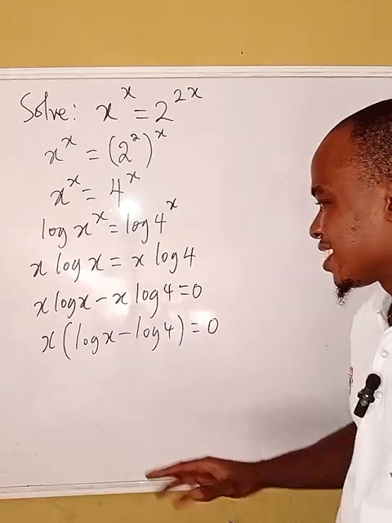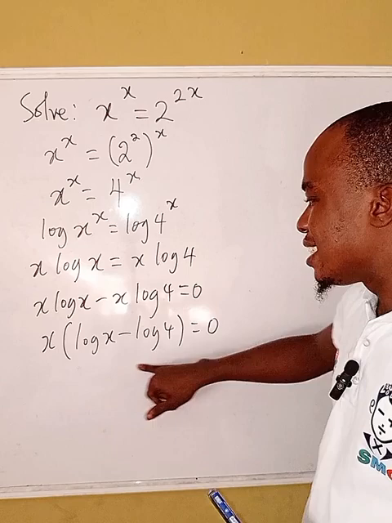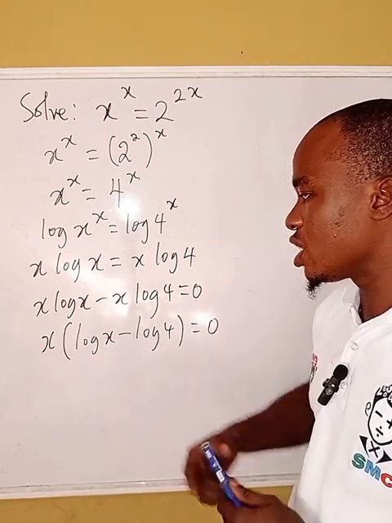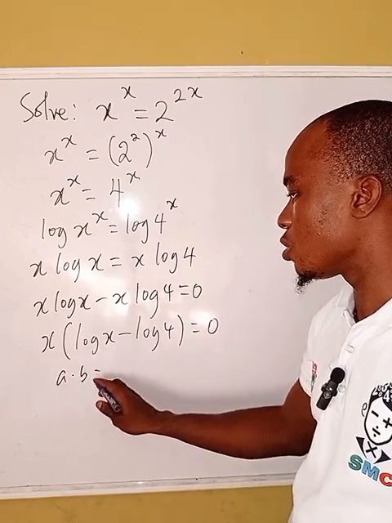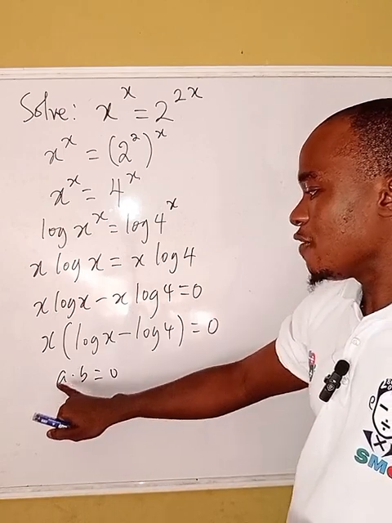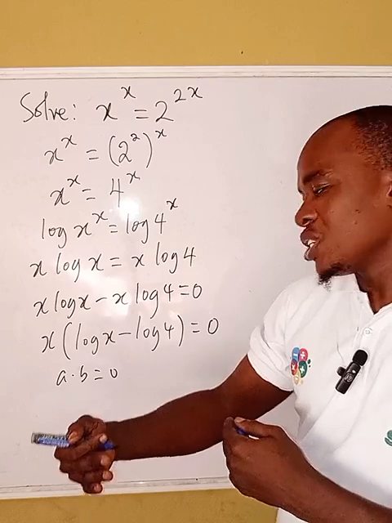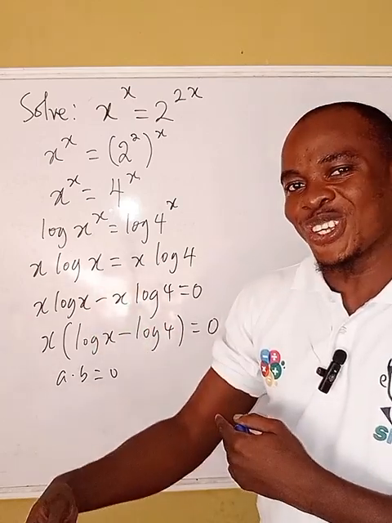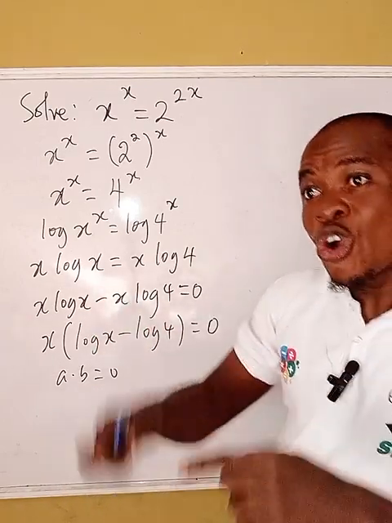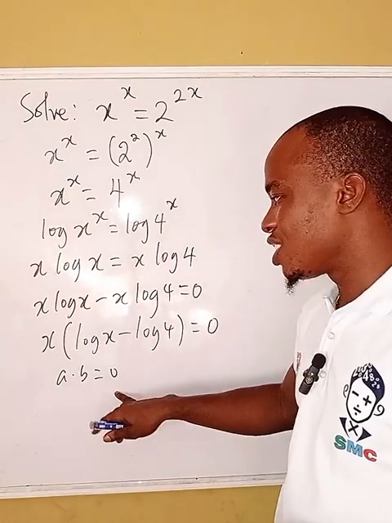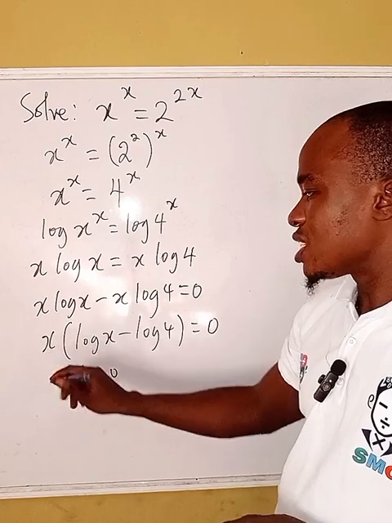Now from here, this is a zero form equation, like a times b equals 0. If a multiplied by b equals 0, it means that either a is equal to 0 or b is equal to 0, or both of them are zero. So we are going to use the same thing here.